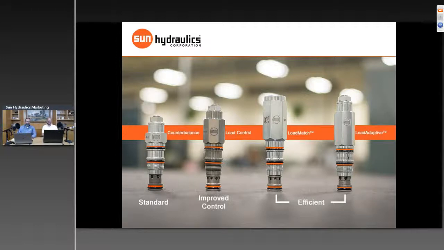The other is the capacitance of the system does have something to do with stability. Easy answer there is yes, lower capacitance is good. However, if you really want to dig into the mathematics, there is some give and take on that. But in general, you would like the counterbalance valve to be as close to the actuator as possible.